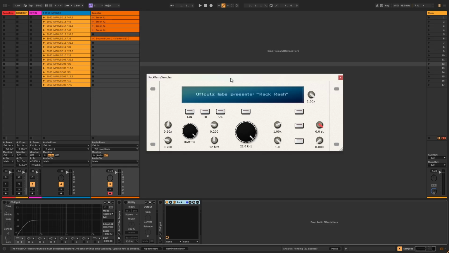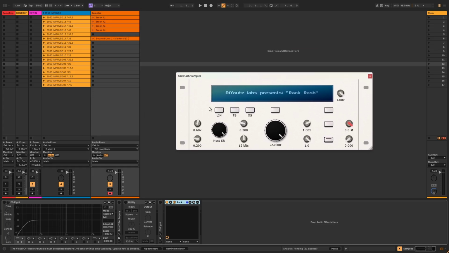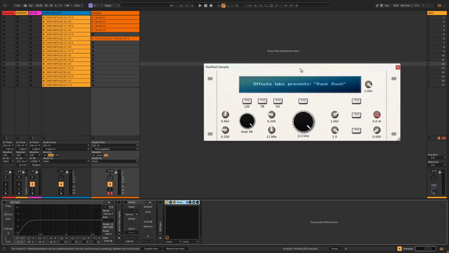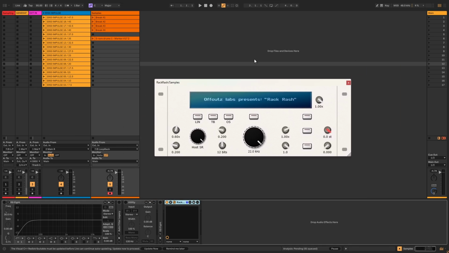I'm saying that as if I was modeling it after AKAI samplers, which is not entirely true. It's not modeled after a specific sampler, it's rather a nostalgia thing, you know. So yes, that was the sample rate reduction.